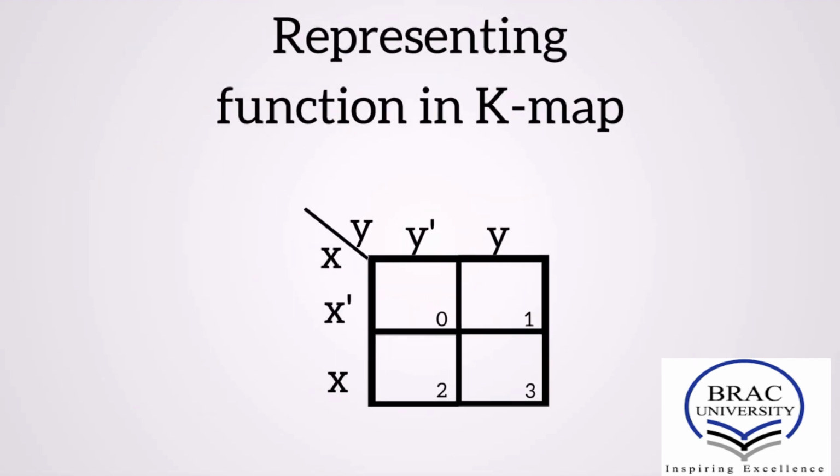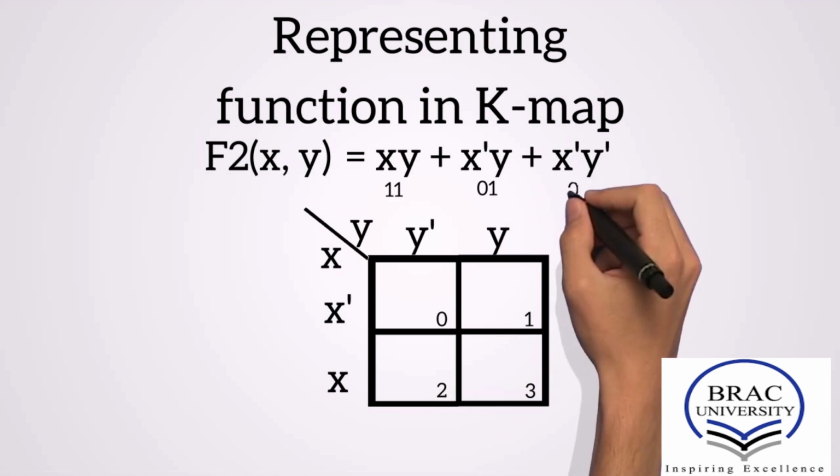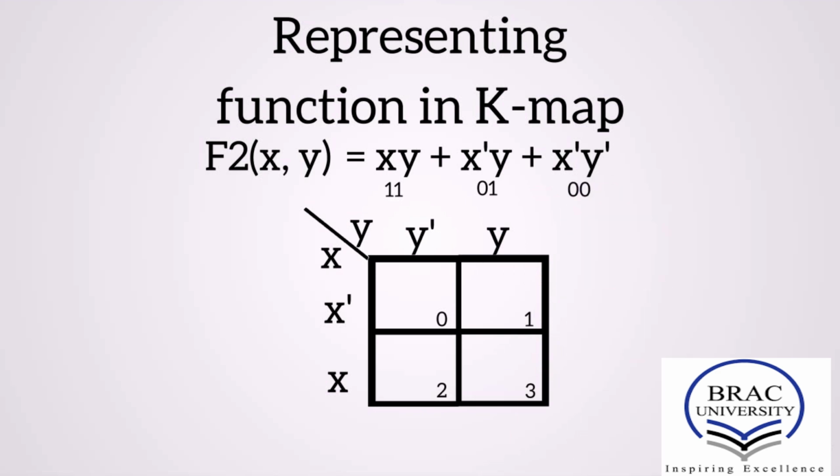For example, function f2 has three product terms in its canonical form, so we can easily find out our min terms. The min term for xy is 1, 1, which is 3, x prime y is 0, 1, which is 1, and x prime y prime is 0, 0, which is 0. So we put 1 in the min term boxes 0, 1, and 3.